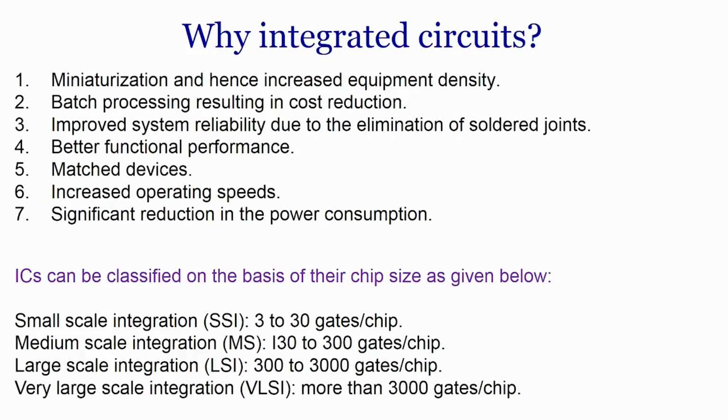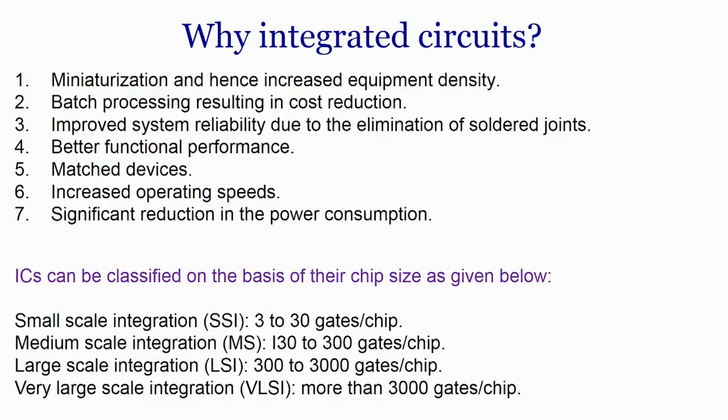So anyway, let us go to the next topic, and that is based on the chip size. ICs, or integrated circuits, can be classified. If it is between 3 to 30 gates per chip, it is called small scale integration or SSI. If it is 30 to 300, it is medium scale integration or MSI.